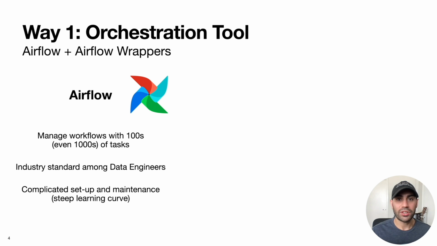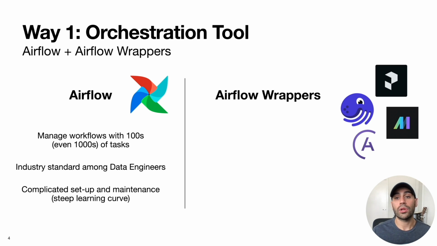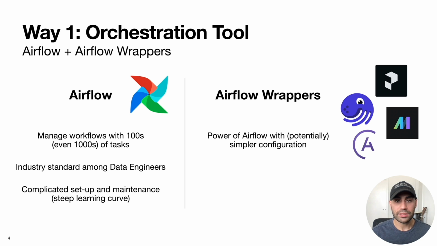These challenges of getting set up with Airflow have created a market for Airflow wrappers, such as Prefect, Dagster, Mage, and Astro. The upside of these wrappers is that you can tap into the power of Airflow with potentially simpler setup and maintenance. However, one downside of these Airflow wrappers is that this ease of use is often coupled with managed or paid services for these wrappers.